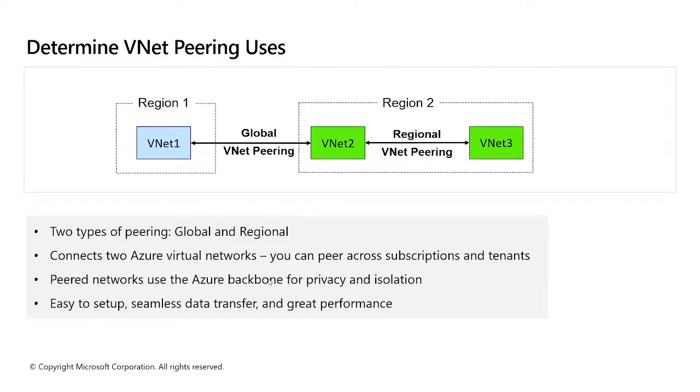Peered networks use what we call the Azure backbone for privacy. Yes, they're still going to be private. When you create your Azure peering, it's still not going out of that particular Azure environment. Those VNets are just able to talk to each other so that they can allow the communication between devices within them, but it doesn't extend to on-premises except when you now create like a VPN and the likes.